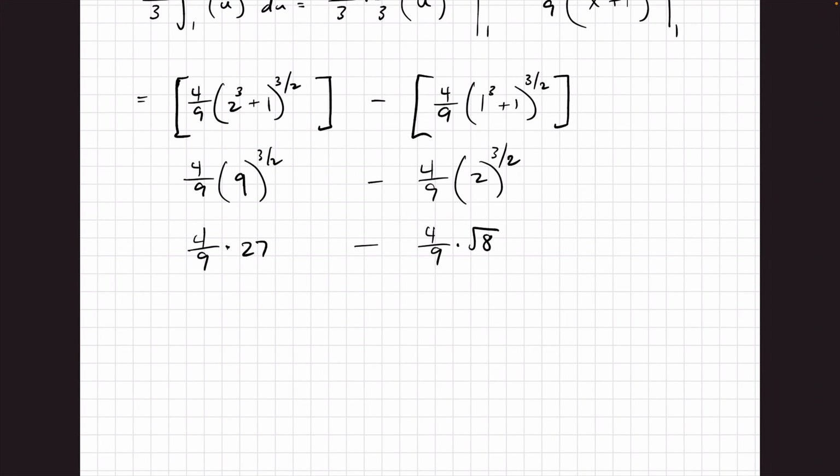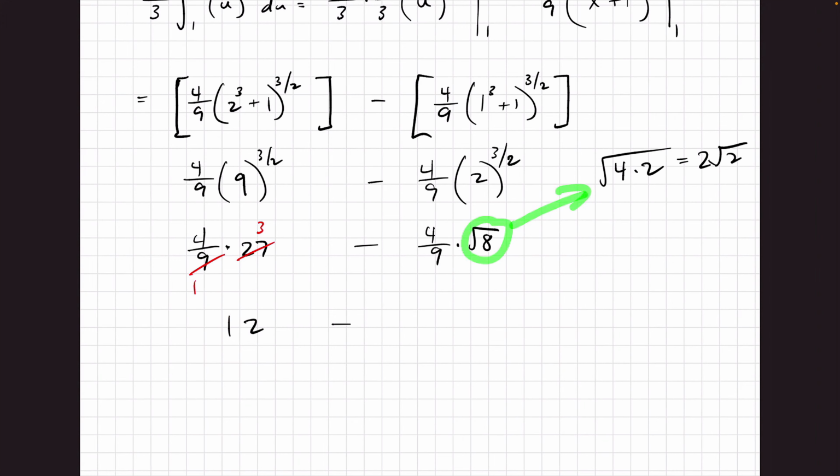Okay, so multiply 4/9 times 27. Well, you can divide that by 9 and divide that by 9, so you get 12. So the simplest way, if you want to go in simplest form, you've got to reduce this guy. So how to reduce it? Well, 8 is 4 times 2. And the square root of 4 is 2.